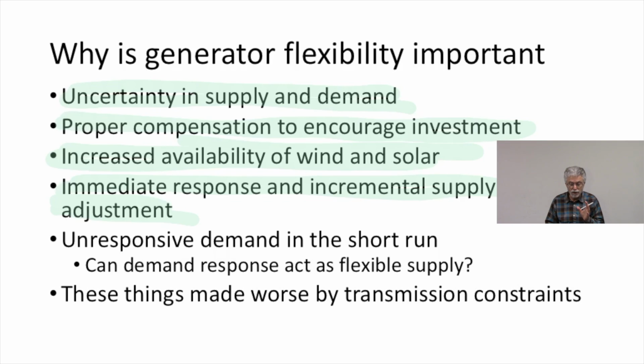And I've already mentioned unresponsive demand in the short run. Again, we tend to think of demand as fixed, as given to us as grid asset managers. If that's true, then we have to have resources that can respond readily to the changes in demand.